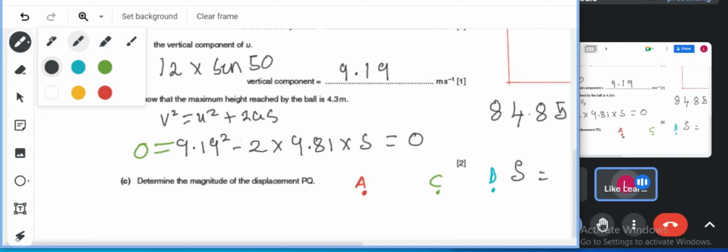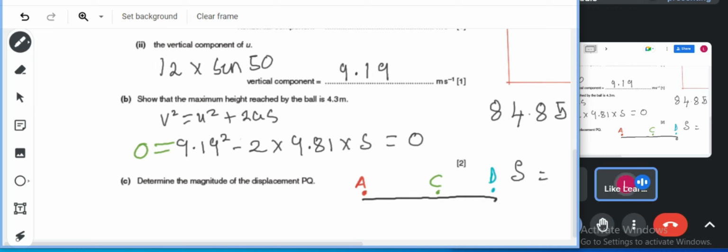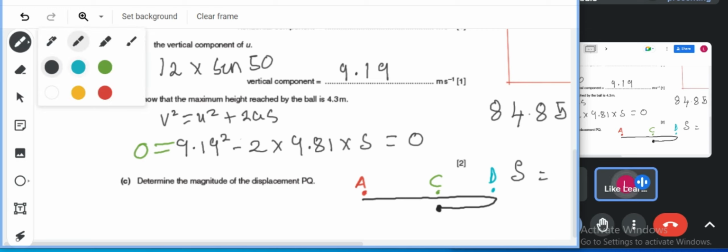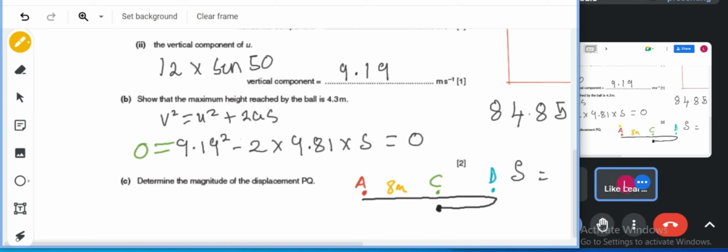Now, if an object moves like this, gets to D and then back to C, assuming the distance from A to C is 8 meters, C to D is 5 meters, what's the distance covered by this object that moved from A to C to D and back to C?